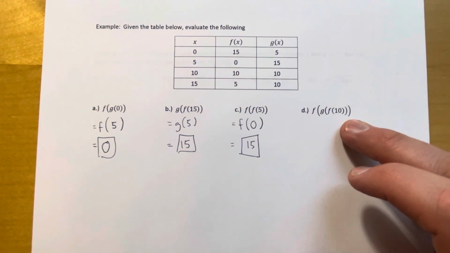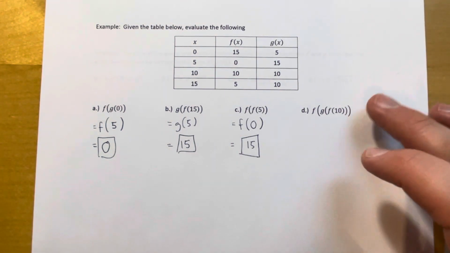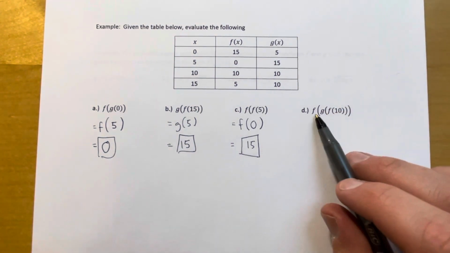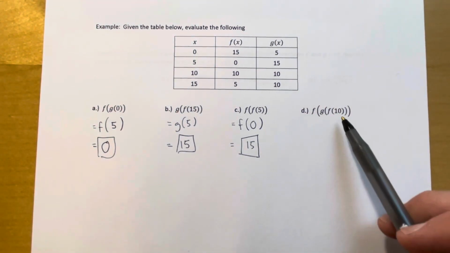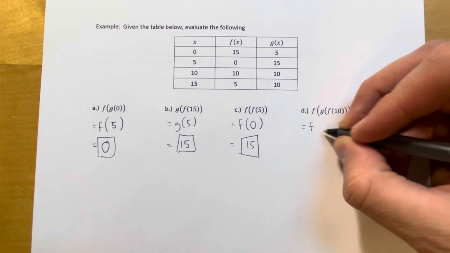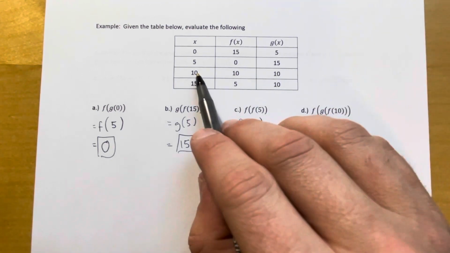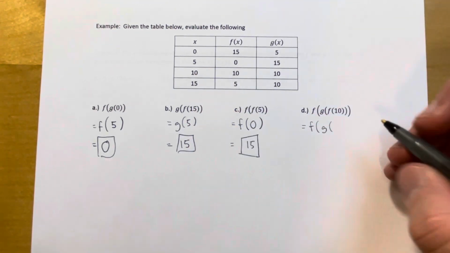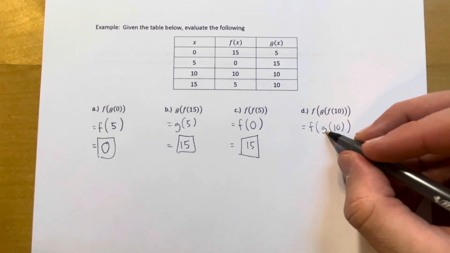Next up, we've got an example where we're composing a function with a function with a function. So this is multiple function composition steps happening here. But it's the same concept, we just work from the inside out. So this is f of g of, what is f of 10? Here's 10, here's f, it's just 10. Now I have to take g of 10.